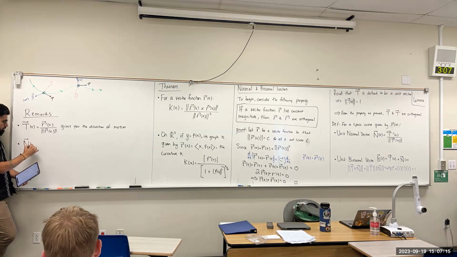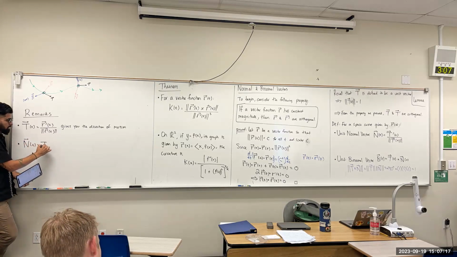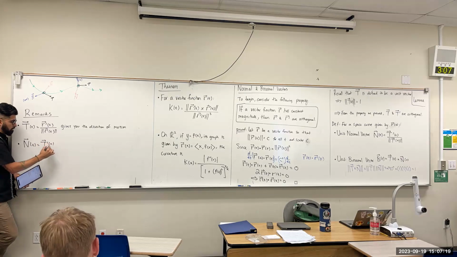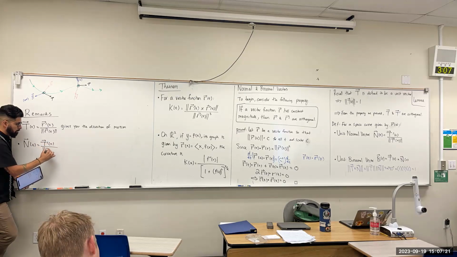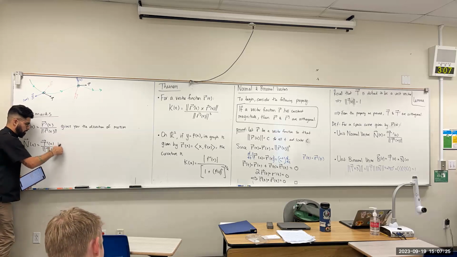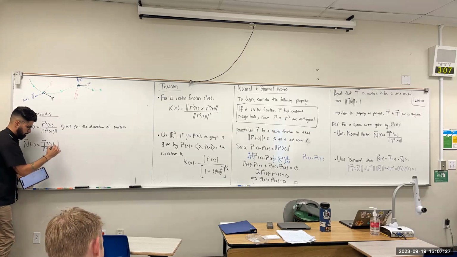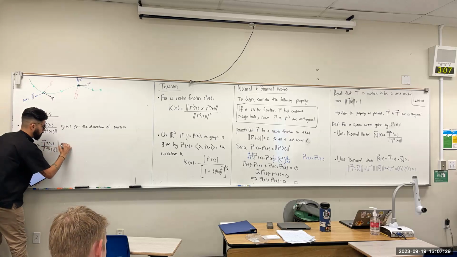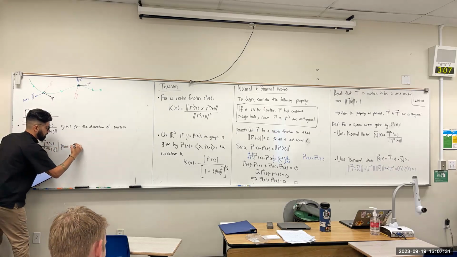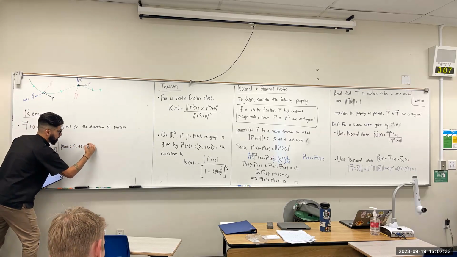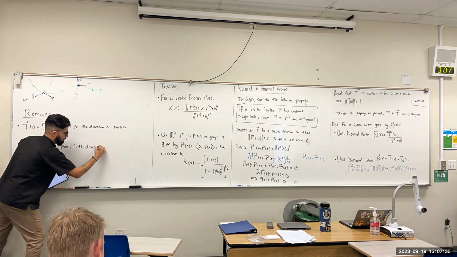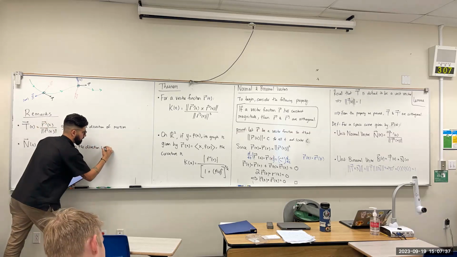N, which is defined to be T prime of t over the magnitude of T prime, points in the direction you're turning.